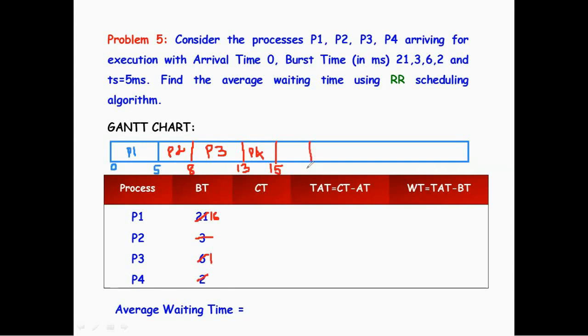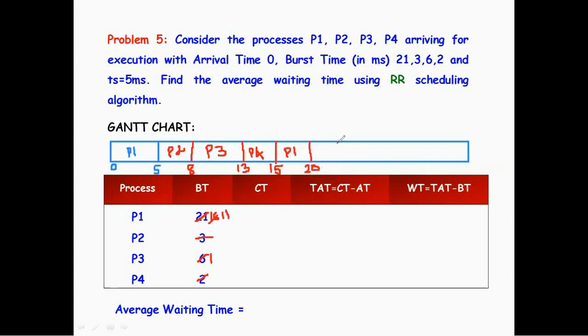Now it is the turn for P1. P1 will be again allocated 5 milliseconds. So from 15 to 20, P1 gets scheduled. Remaining 11 milliseconds. Then in the ready queue P3 is available with 1 millisecond.